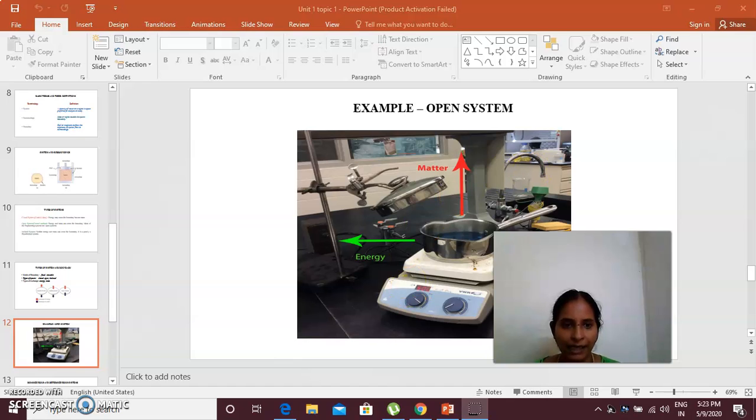Now this is the best example of an open system: a vessel with water being supplied with heat, so energy transfer takes place, and you can also pour in some water and take water out of the vessel. So mass transfer is possible and energy transfer is also taking place. This is the example of an open system.